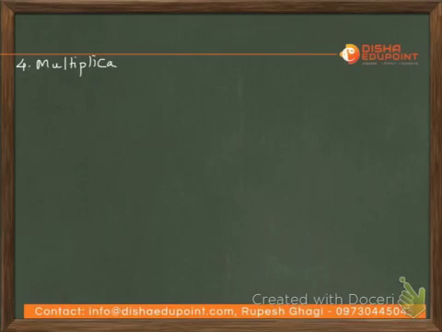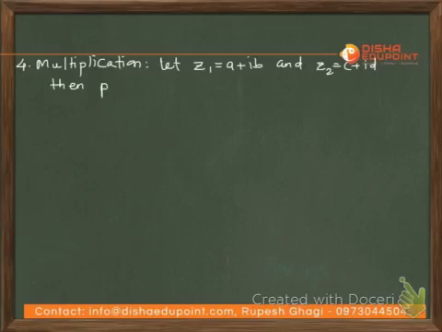Now let's try to understand the third property, which is actually the multiplication rule. Let z1 is equal to a plus ib and z2 is equal to c plus id be the two complex numbers. Then the product z1 into z2 is equal to, actually this rule we can find out by multiplying the two brackets. We have a plus ib into c plus id.